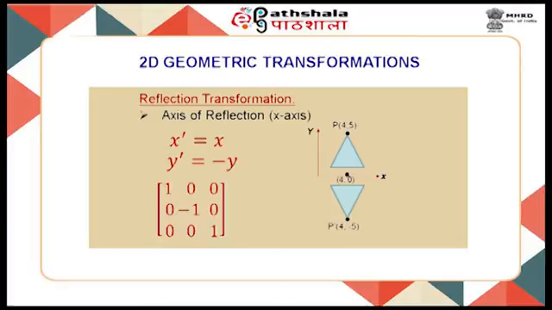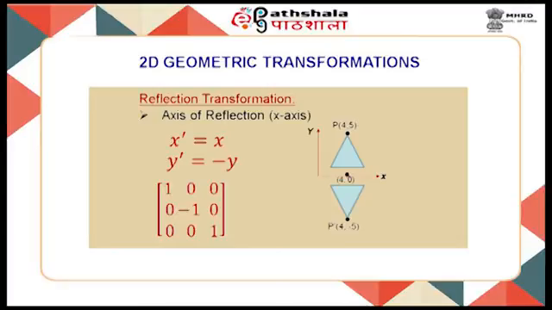If you observe carefully, the x coordinate is the same, 4 and 4, while the y coordinate is negated in sign. It is 5 here and minus 5 here. So, reflection with respect to the x axis follows these equations: x dashed is equal to x, that is no change in the x coordinate, but y dashed is equal to minus y.